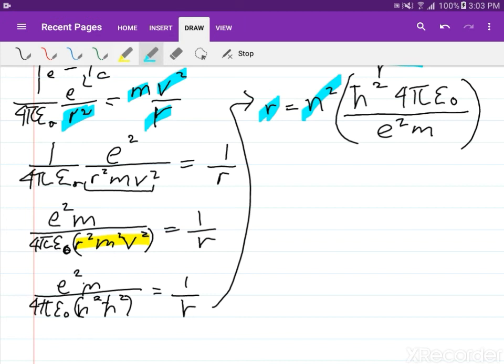By a logical argument, this term should be in units of distance.